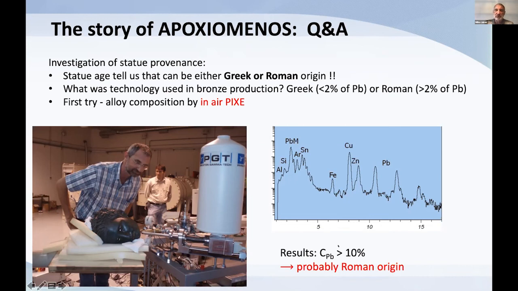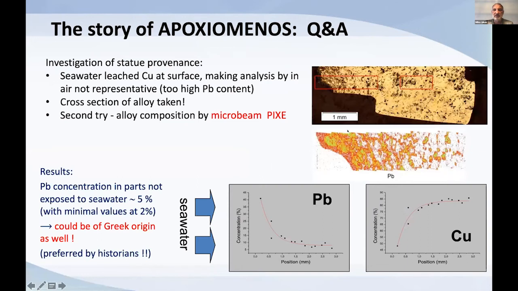We had to test also if this lead concentration is at the surface or interior of the bronze, and that has been shown in this image when we do microbeam analysis of the section. And you can see that this part here on the left side has been exposed to the seawater, and therefore these parts have leached the copper from the bronze, and then the lead has been increased to very high concentration.